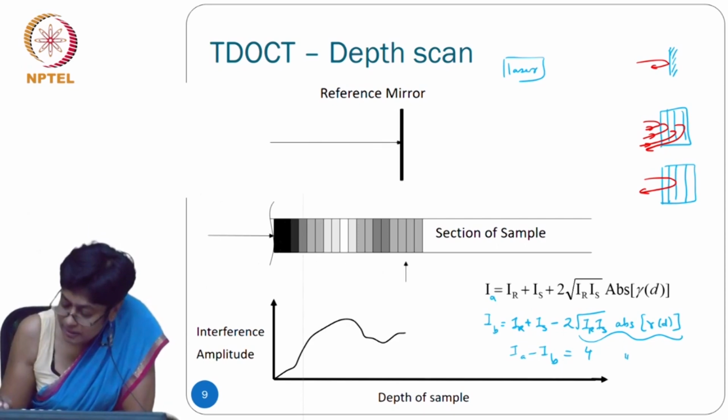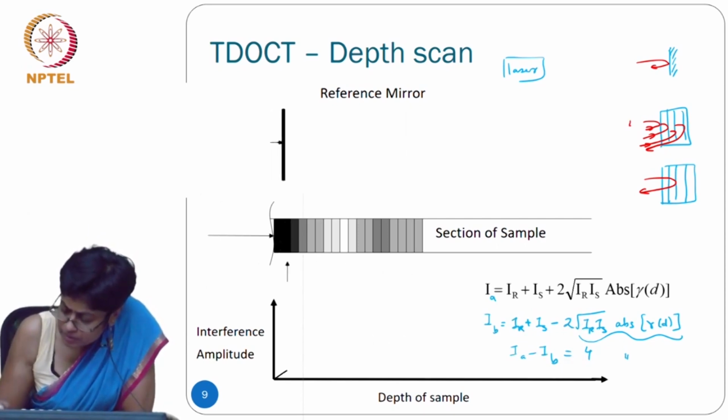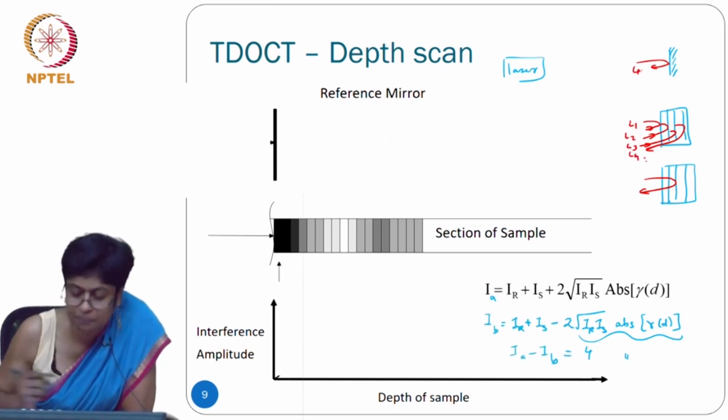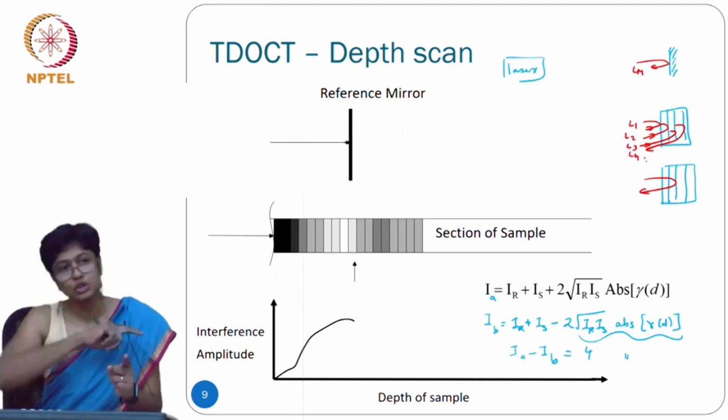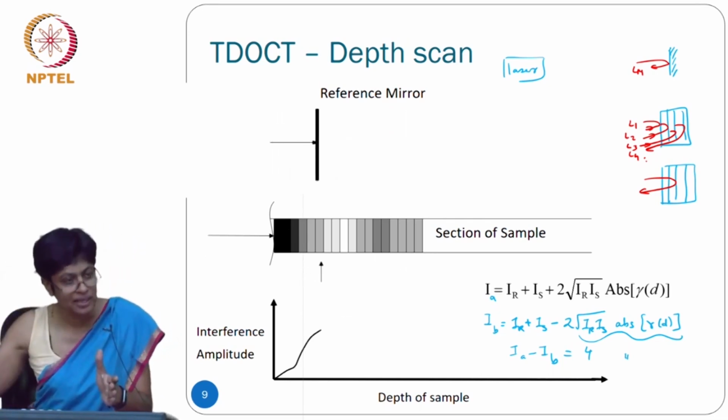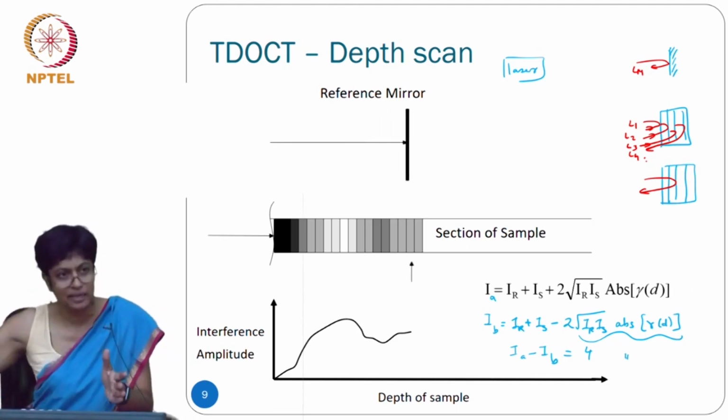Let's count each of these beams as L1, L2, L3, L4 and so on, and let the path length to go to the reference mirror and back be Lm, the path length to the first layer and back be L1, to the second layer L2.